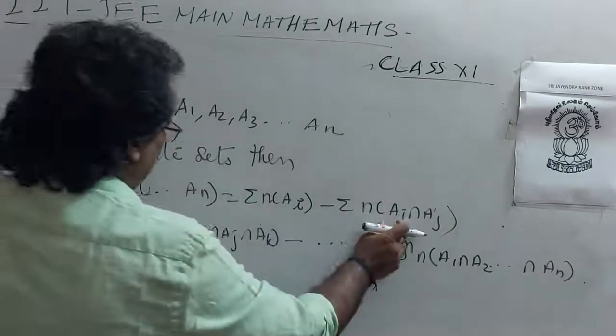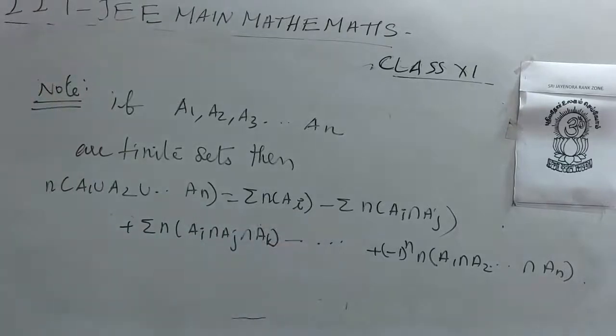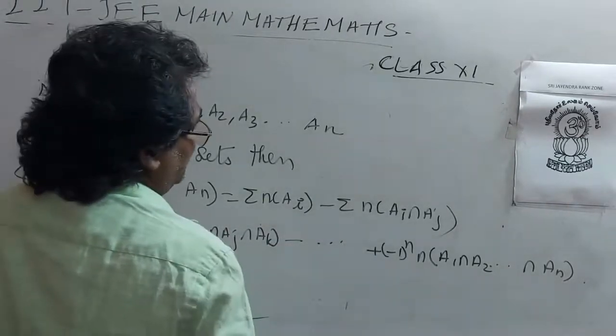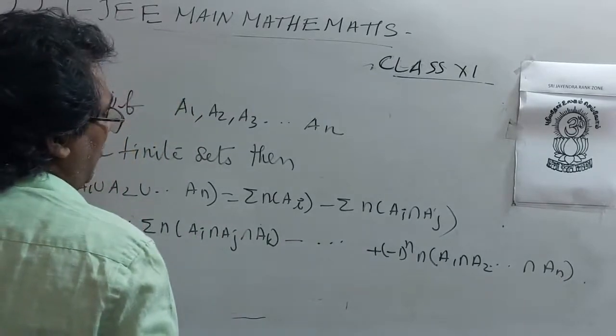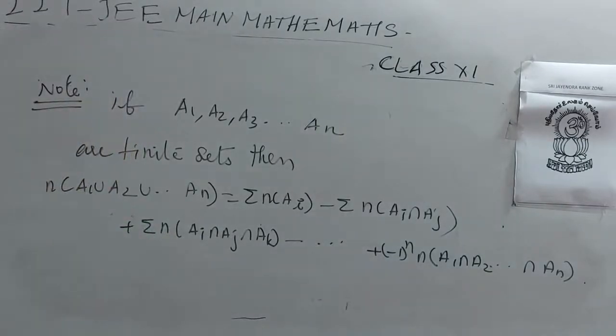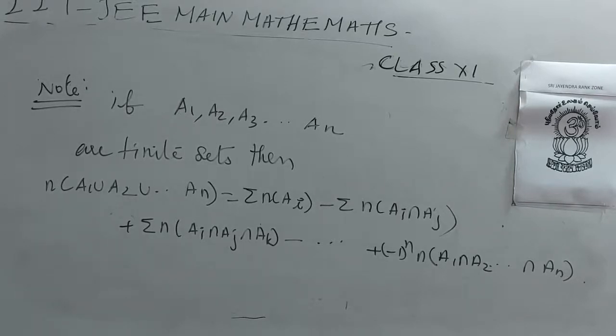So single terms, then intersections of two terms, plus intersections of three terms, and so on; we keep changing the sign alternately: minus, plus, minus, plus.